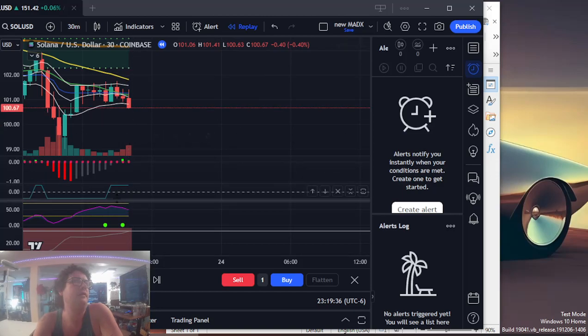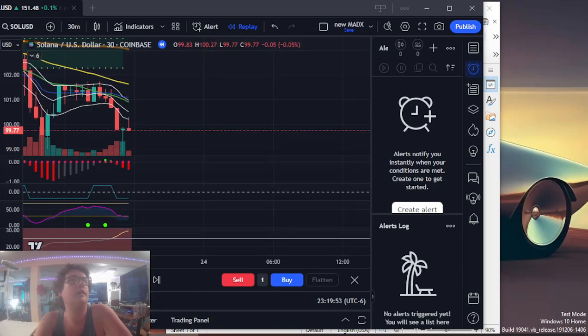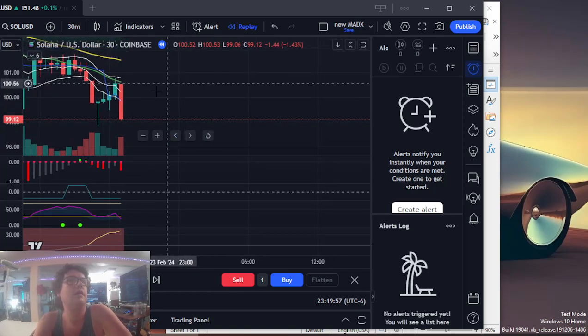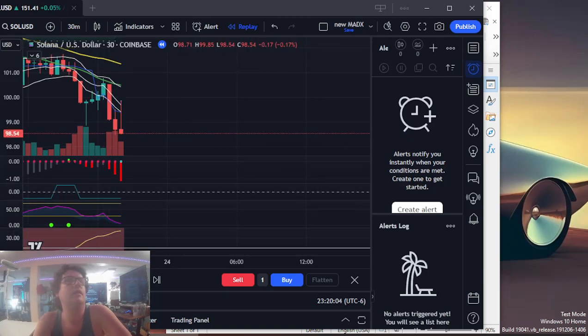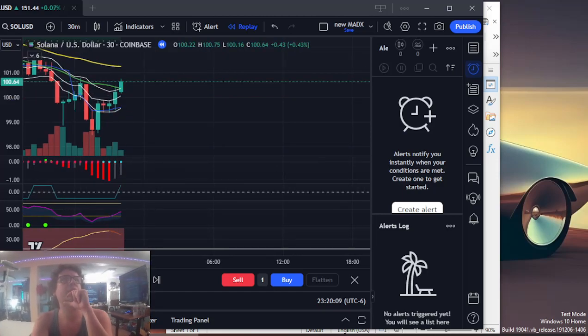One, 2, 3. 1, 2, sort of 3. Yep, didn't fit. One, 2, 3. See if we can get above the green.